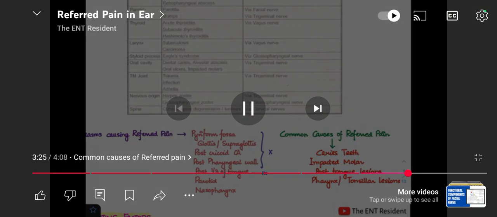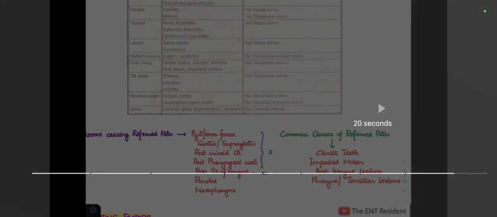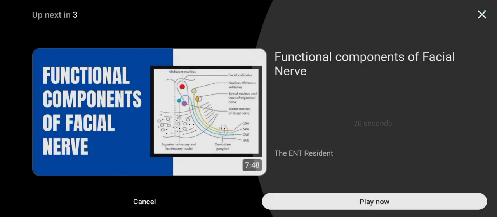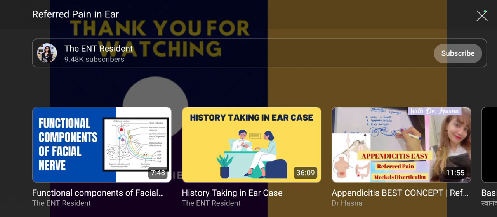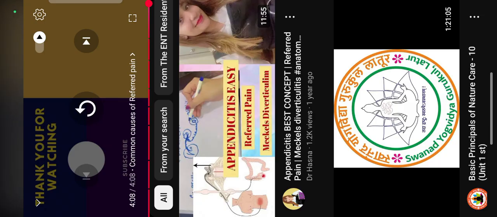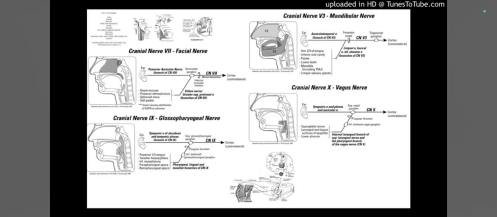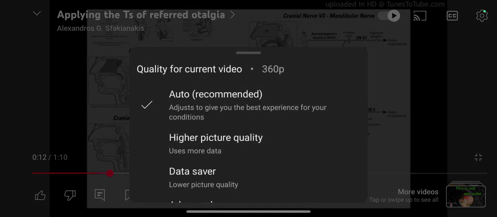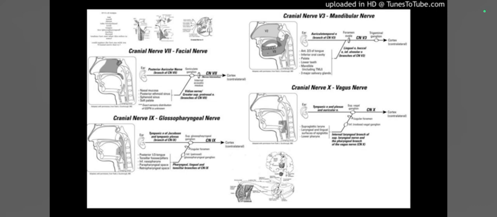Coming to common causes of referred pain: out of all, caries teeth, impacted wisdom teeth, infant teething. TMJ, temporomandibular joint disease. Tubal area, eustachian tube dysfunction, nasopharynx, area behind the nose, rule out tumor.